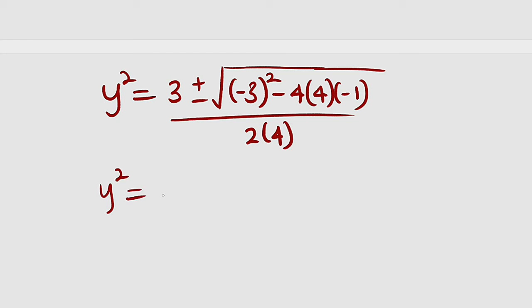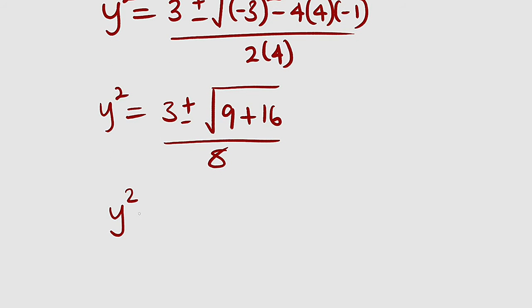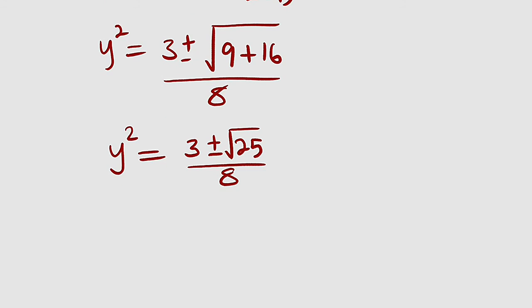Y squared equal to 3 plus or minus the square root of negative 3 squared is 9, minus minus is plus, 4 times 4 is 16. So we have plus 16 here, divided by 8. Y squared is equal to 3 plus or minus the square root of 25 divided by 8.